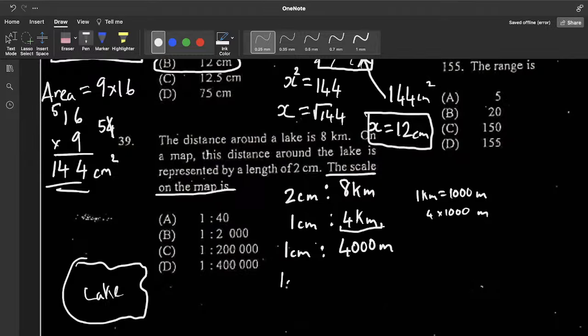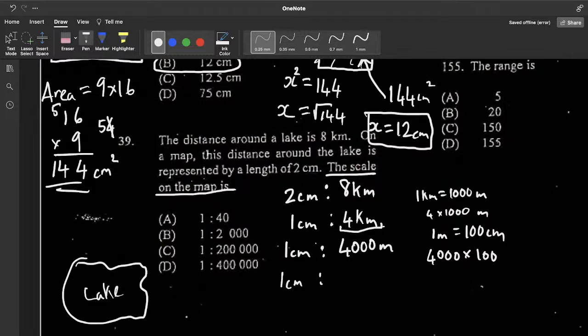Alright, and then the next one is going to be 4,000 meters to centimeters. So I know that 1 meter is equal to 100 centimeters. So essentially what we end up doing is multiplying 4,000 meters by 100 to get centimeters. If I multiply 4,000 times 100, I'm literally just adding two zeros to this number.